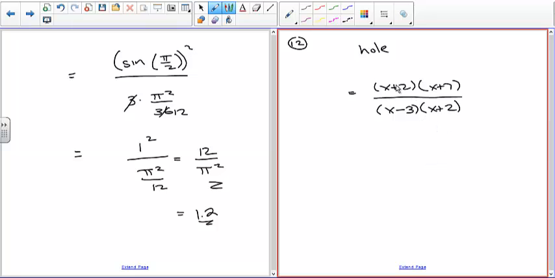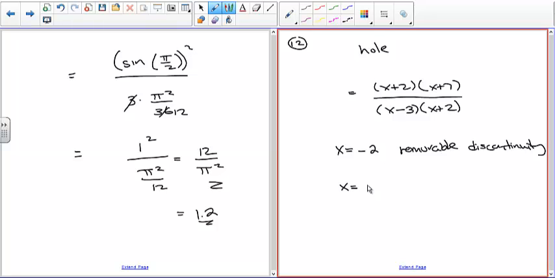So you can see I've got this common factor in the numerator and the denominator. That means at x equals -2, I have a removable discontinuity, because it is a hole, but that's not sufficient.